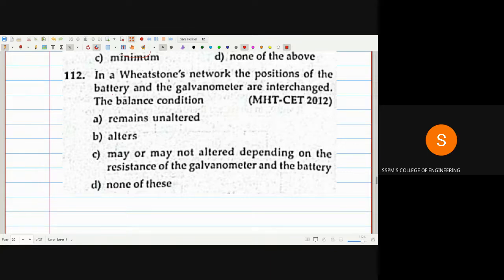It will not change. It will remain unaltered. Even if the battery is replaced by the galvanometer and the galvanometer is replaced by the battery, the circuit will act as a Wheatstone bridge. What will the option be? A, unaltered.